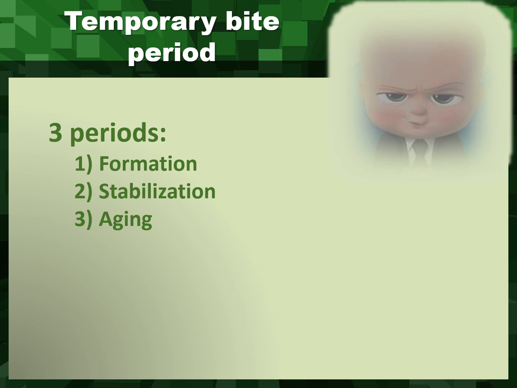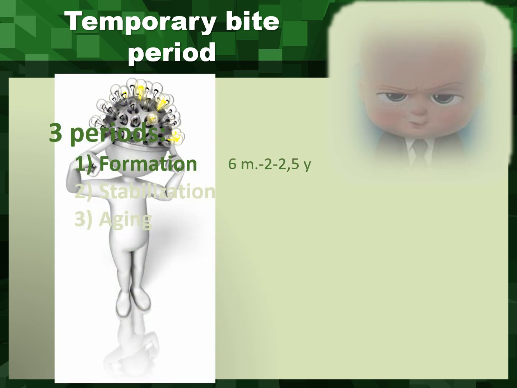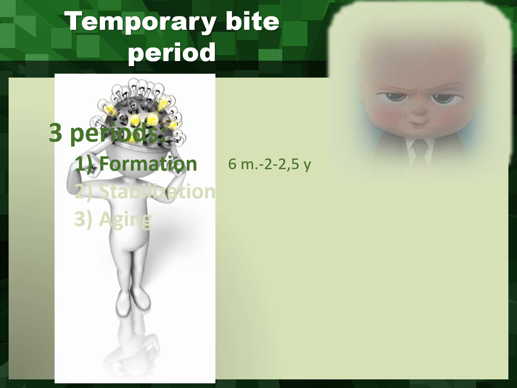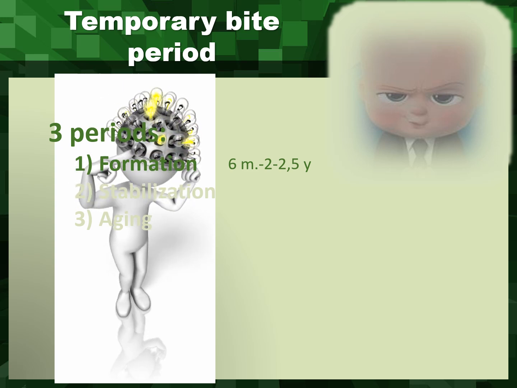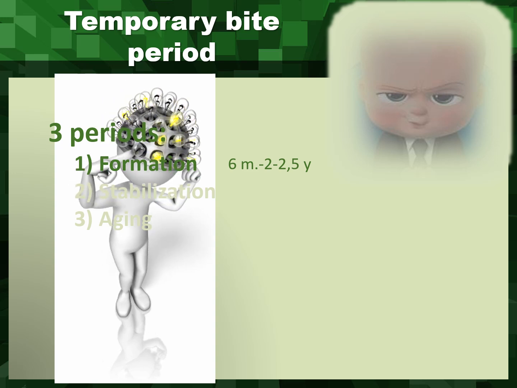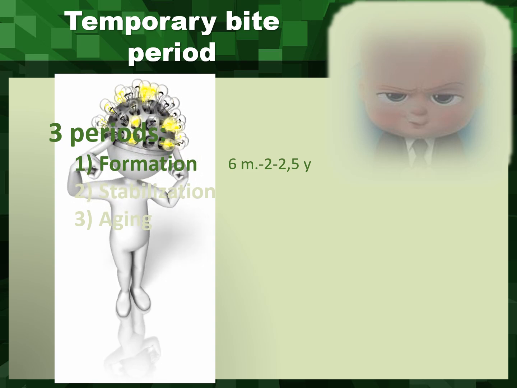How are these periods distributed in the age from 6 months till 6 years? First period, formation period, from 6 months till 2.5 years old. And what features are in this period?